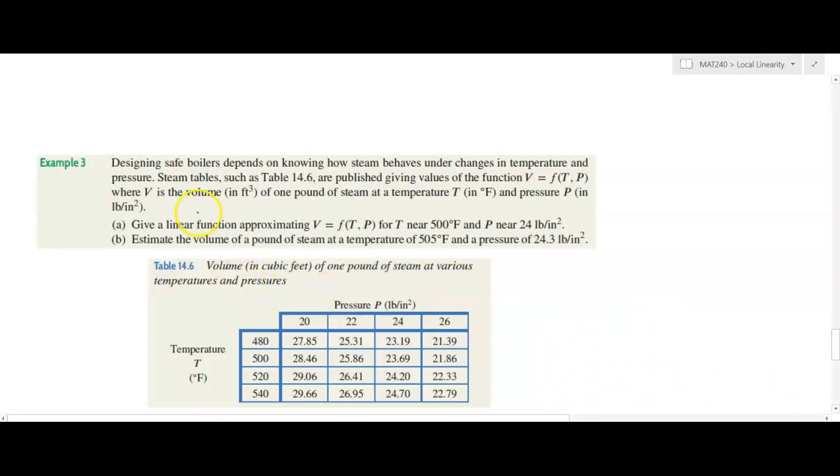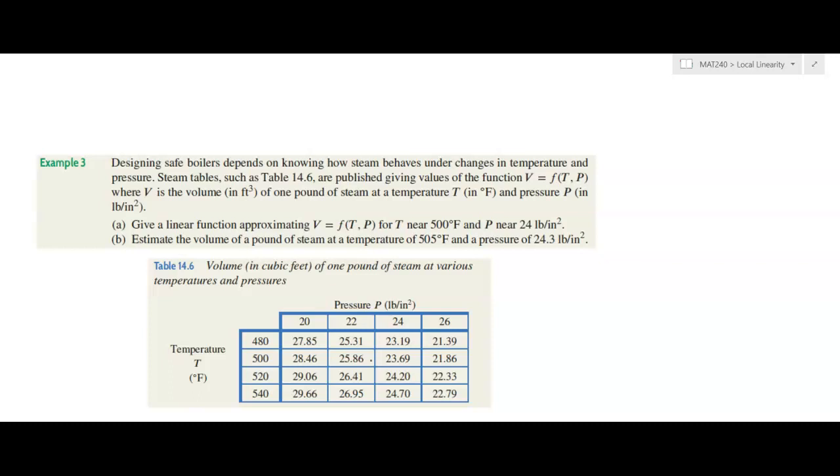Here we have a problem about designing safe boilers, and designing them depends on knowing how steam behaves under changes in temperature and pressure. Steam tables, such as table 14.6, which is this one here, are published giving values of the function v equals f of t comma p, where v, the values listed inside the table, are the volumes in cubic feet of 1 pound of steam at a temperature of T in degrees Fahrenheit.